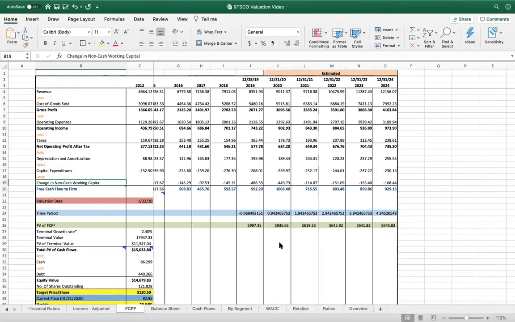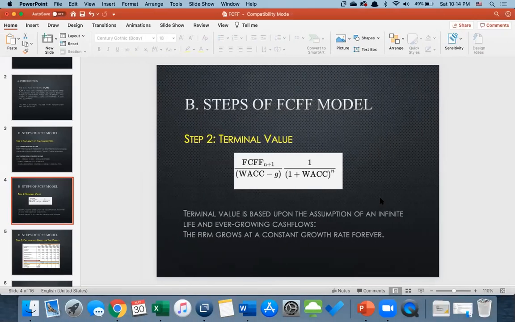We can look at the example. See, the terminal value is calculated based on the last forecasting year, 2024. Then we use the formula that I gave you to get the terminal value, assuming the company has an ever-growing terminal growth rate.